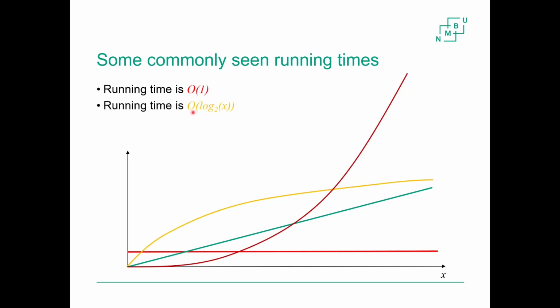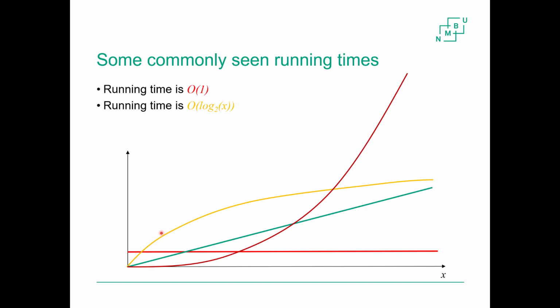Then you have the yellow curve, which is logarithmic. It's getting flatter and flatter. It grows pretty fast in the beginning, but we are not too concerned about that, because remember, the problem size is small there, and the running time for a small problem is always small.